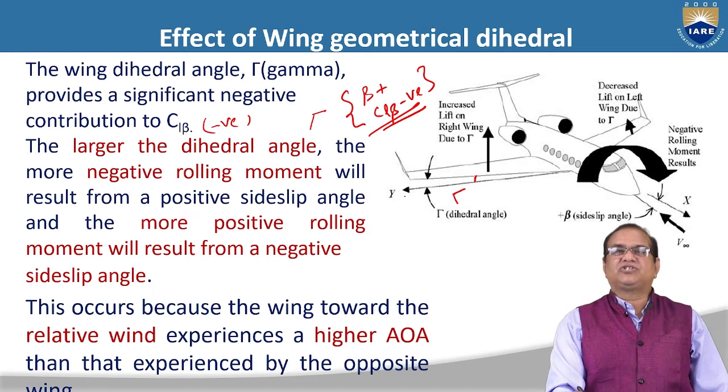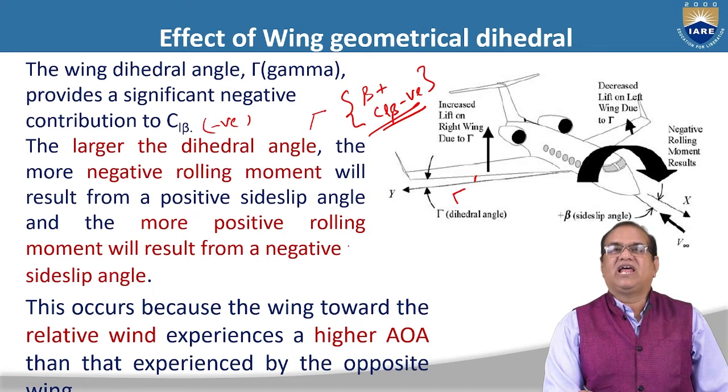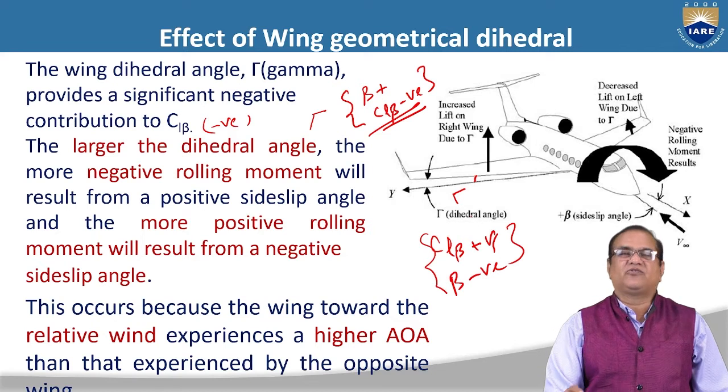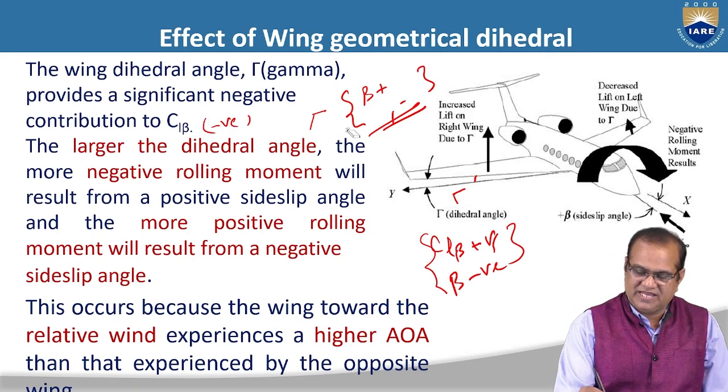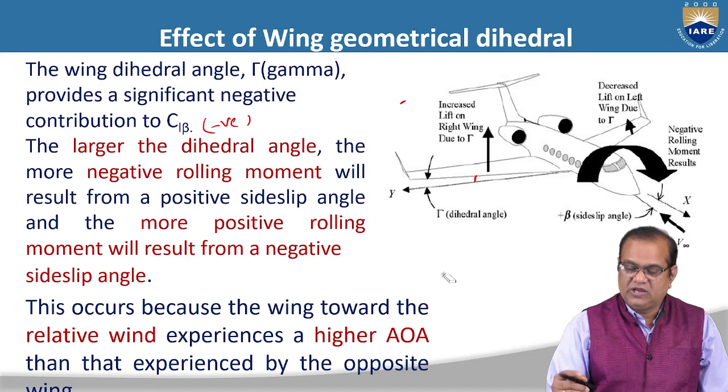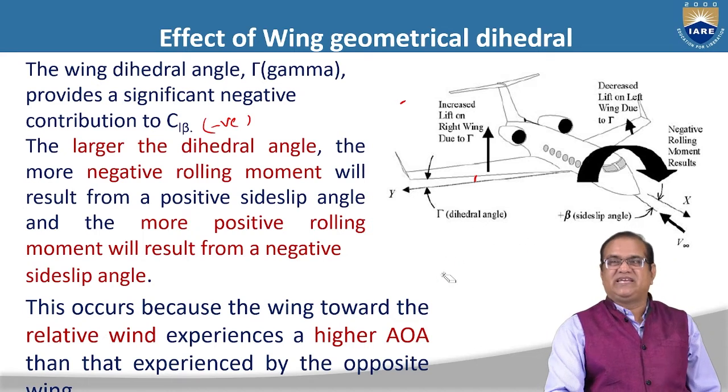And if C_L beta is positive, beta will be negative. These 2 things we have to understand. So I think you are able to understand about the beta here.